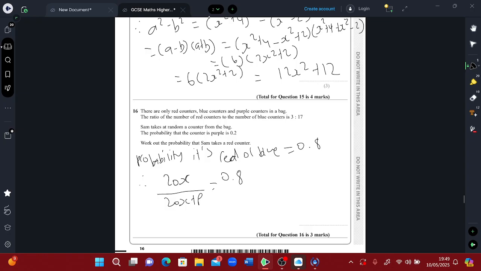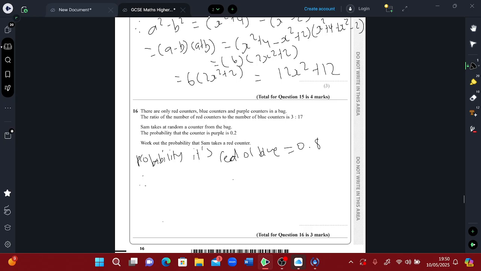But we don't actually know how many purple. No, there's got to be a better way of working this out. No, never mind. Stick with this, 0.8.